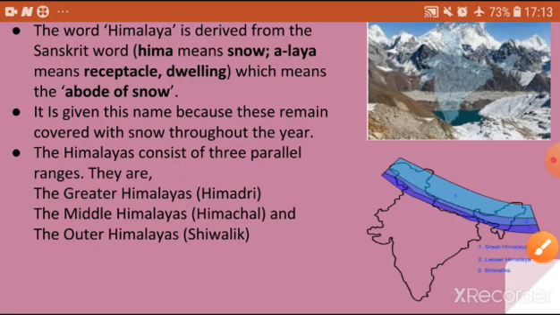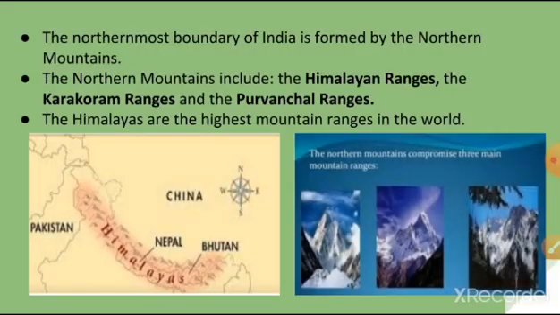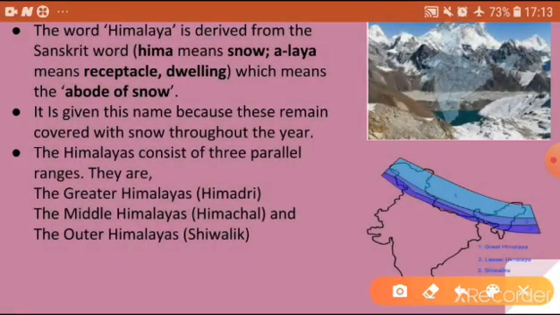So if you look at these pictures, these are all Himalayas. These are all covered with snow throughout the year. So that's why they have given that name, Himalaya. Hima plus alaya. Himalaya means abode of snow in the Sanskrit language.